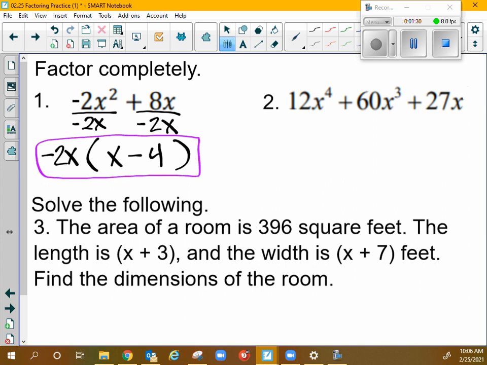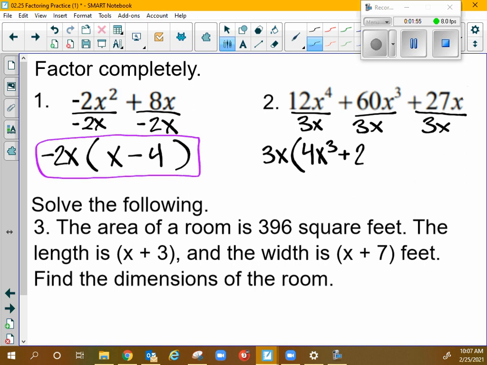Okay, so then number 2. What do I do first? 3x. Good. My 3x is now in front because I'm not solving, I'm just factoring. And what's left on the inside? 4x cubed plus 3x, so 4x squared plus 9.